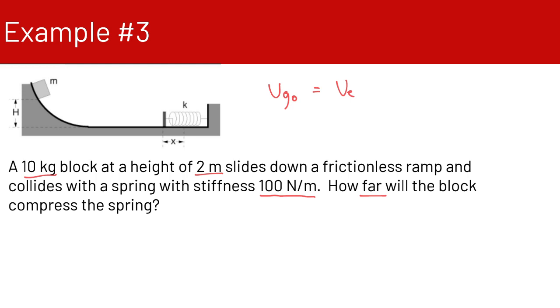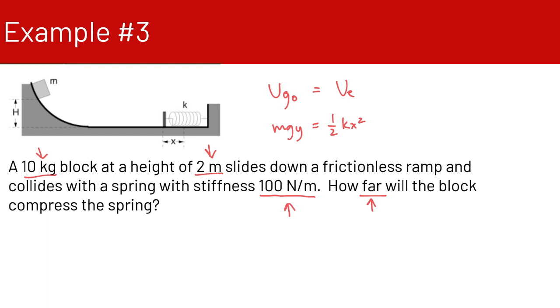Gravitational potential, remember, is mgy, and spring potential is 1/2 k x squared. We know our m is 10 kilograms, our g is 10 meters per second squared, and our y is this height of 2 meters. For spring potential, we have our k of 100 newtons per meter, and our x is our question.